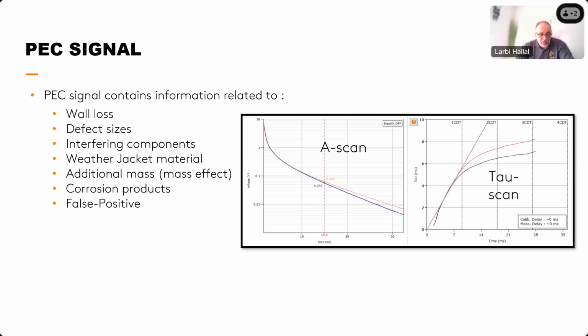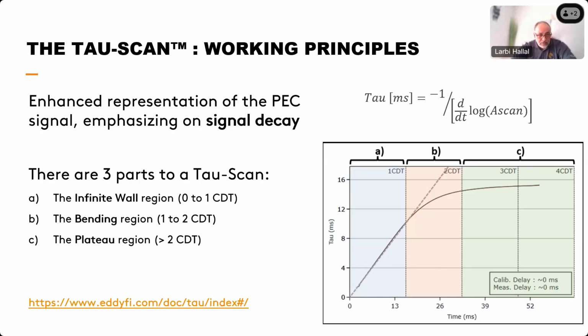If you are also facing some corrosion products like scabs or blistering, you will see that from the A-scan and the Tau-Scan curves. And obviously false positives will be seen on the PermTool, which we will see later in the presentation. We will start with a presentation of the Tau-Scan and its working principles.